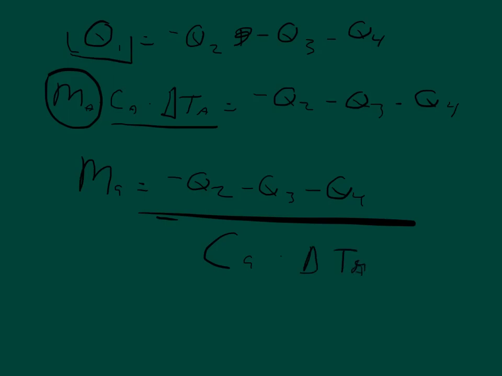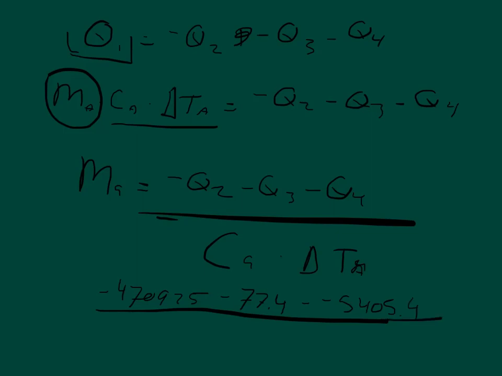And since we've already solved for all of our Q values, we don't have to plug in MC change of T, we can just substitute. We said that Q2 was water, so negative 4709.25, minus 77.4 for the copper stirrer, and then minus a negative, so minus negative 5,405.4 for the silver.